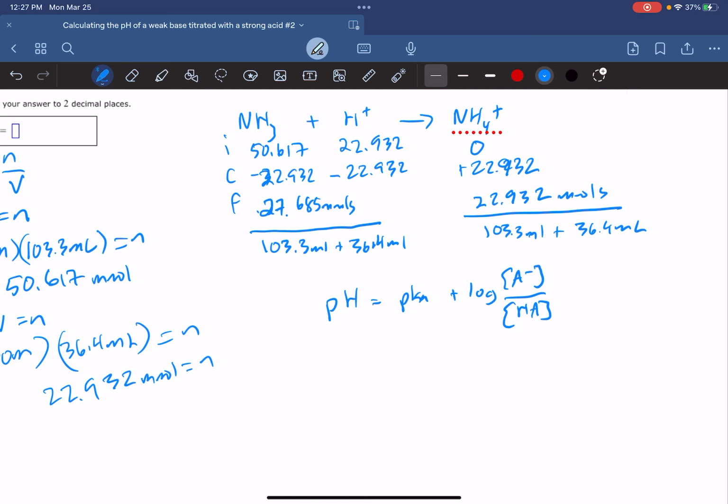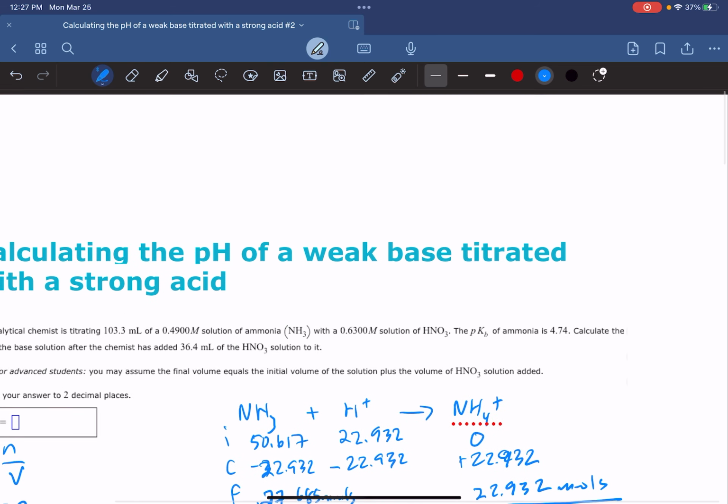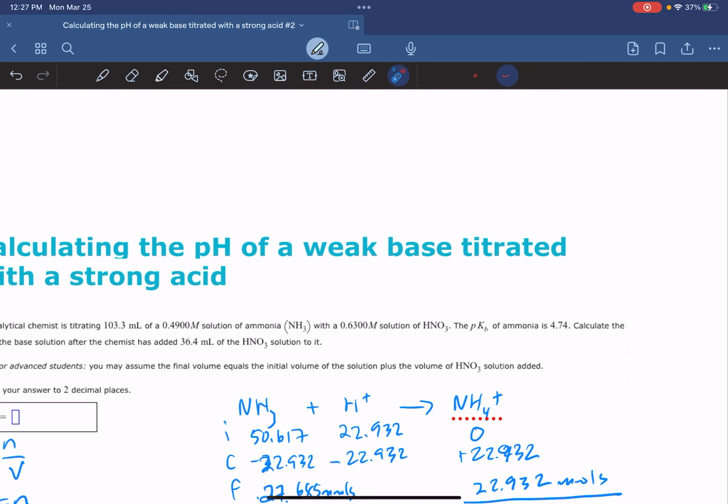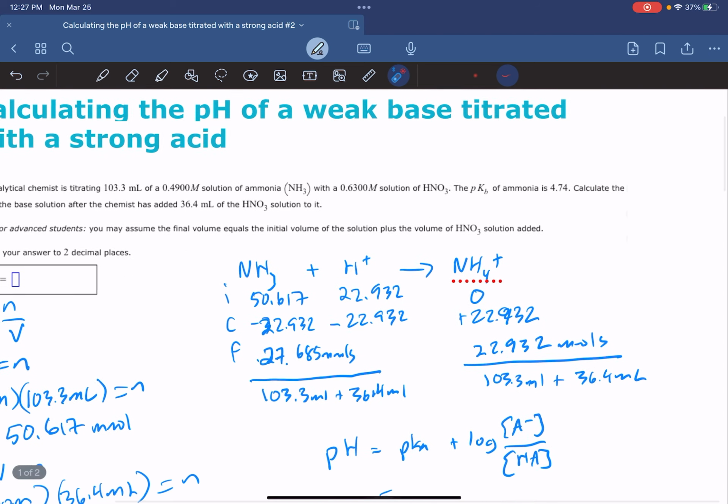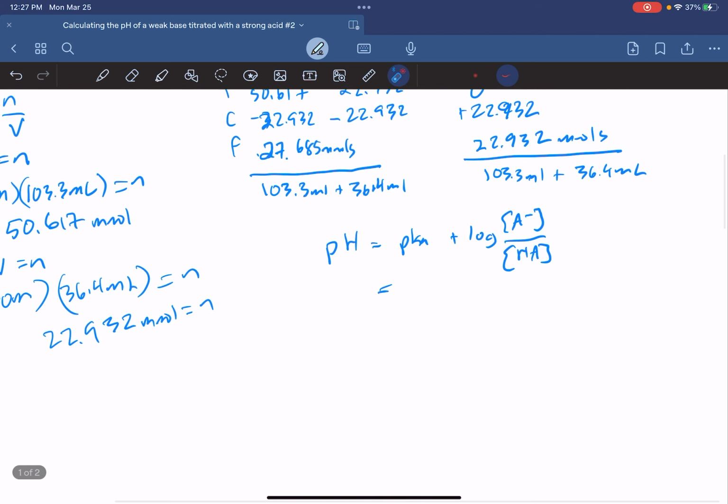Now, you may have been wondering, when they gave us this problem, they initially gave us the pKb of 4.74. Well, in order to figure out the pKa, we know that Ka times Kb equals 10 to the negative 14. So pKa plus pKb is going to be equal to 14.